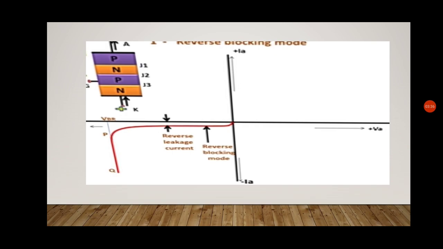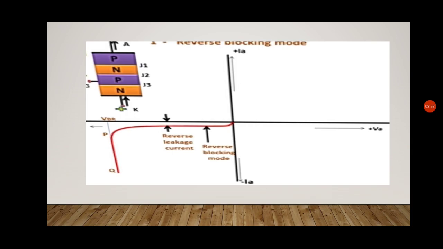As J3 and J1 are reverse biased, a depletion region will be formed across the junctions J1 and J3, and there will be a very minimum current flowing through it due to the minority carriers, which is called the reverse leakage current.